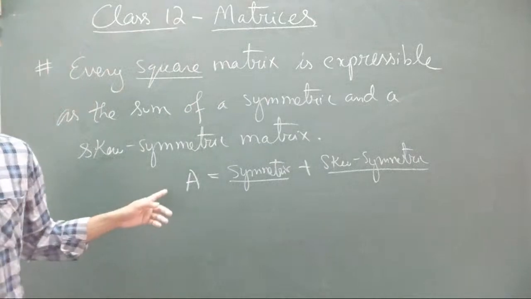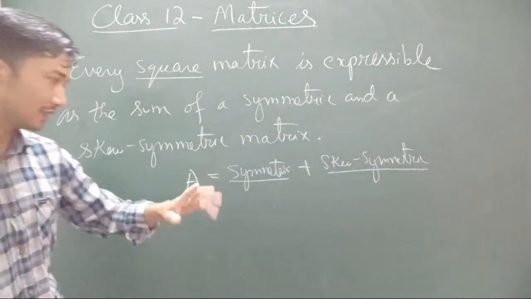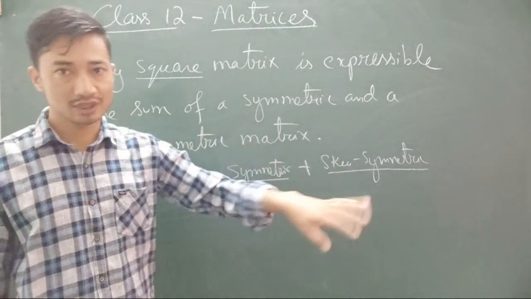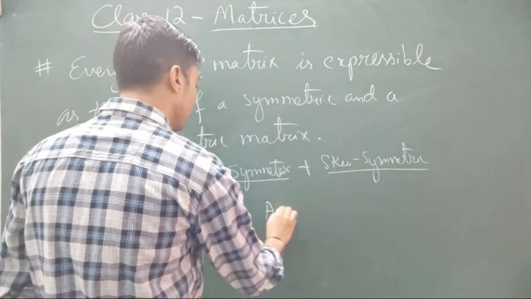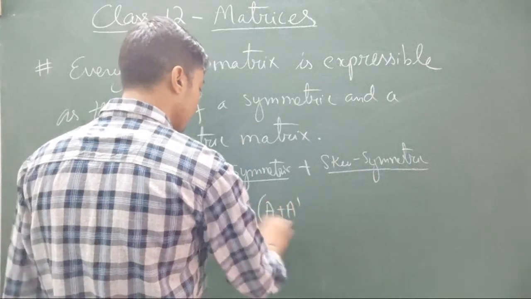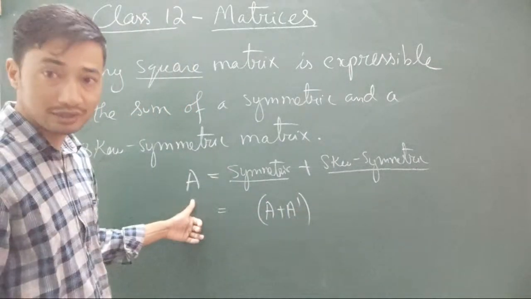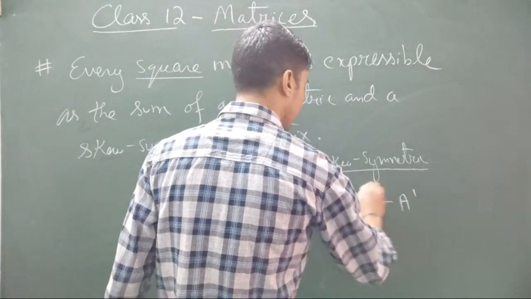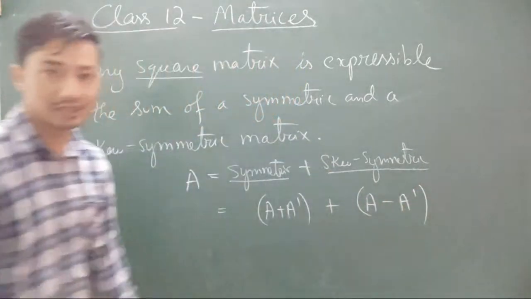That means A can be expressed as the sum of two matrices, one symmetric, one skew-symmetric. The concept is simply this: we know that A plus A transpose is always symmetric for any given matrix A, and A minus A transpose is always skew-symmetric for any given matrix A.